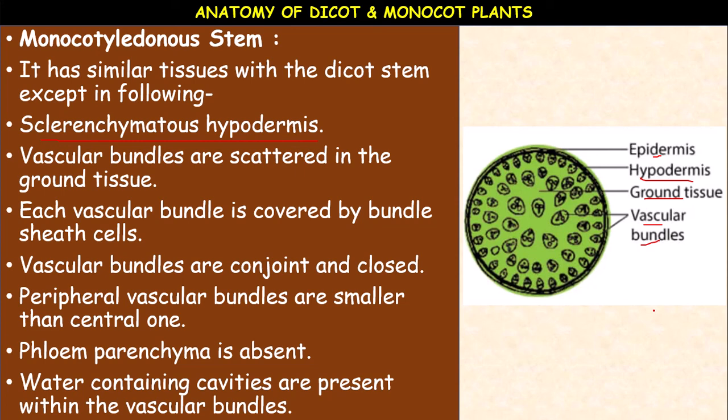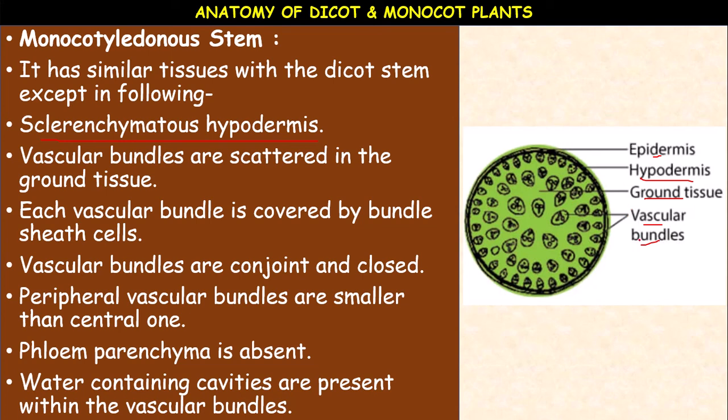Endodermis in dicot is a one-layered starch sheath which is usually not well differentiated, whereas in monocot the endodermis is absent. Here there is no endodermis, you can see. The next, pericycle. Pericycle is made up of one or more layers of parenchymatous and or sclerenchymatous cells, but pericycle is absent in the monocot. Here in monocot stem there is no pericycle.